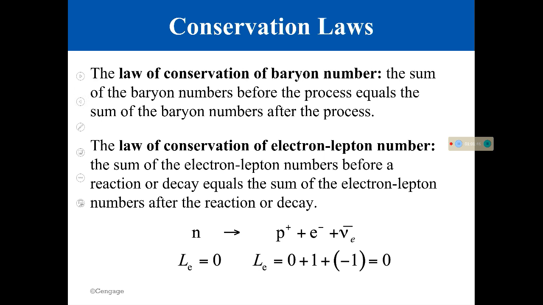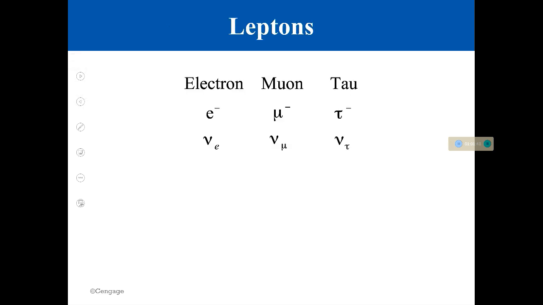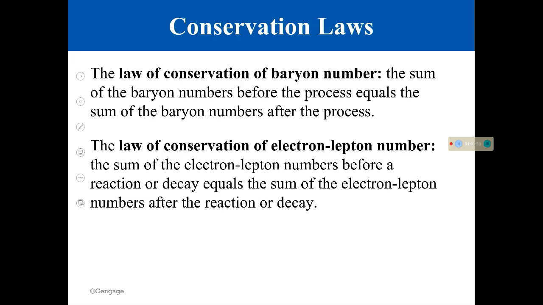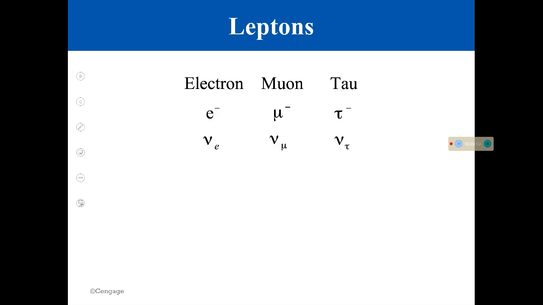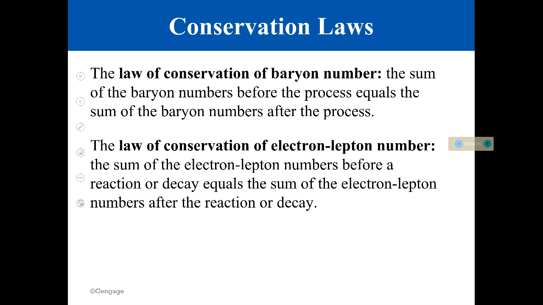Now, conservation, I'm sorry, I'm out of time here. But to figure out which equations up here are allowed, they have come up with 2 conservation laws. The first conservation law is the conservation of the baryon number. The sum of the baryon number must be the same before and after the process.